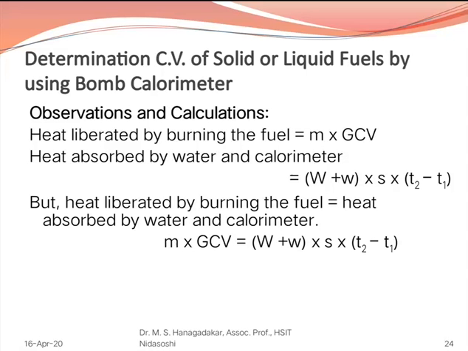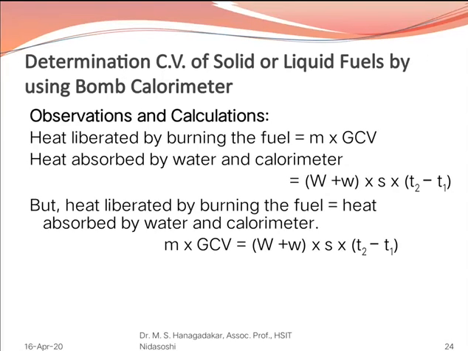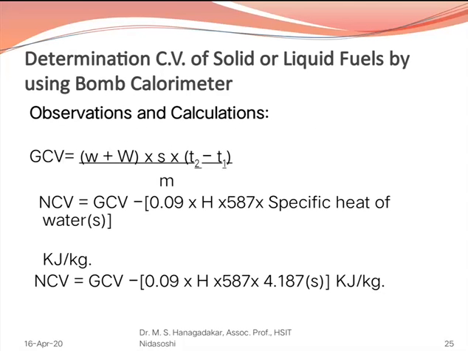Hence, equating both equations, we can write m into GCV is equal to (W + w) into s into (T2 − T1). Solving for GCV, we get GCV is equal to (W + w) into s into (T2 − T1) divided by m.